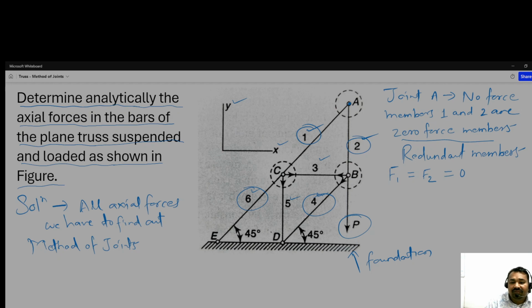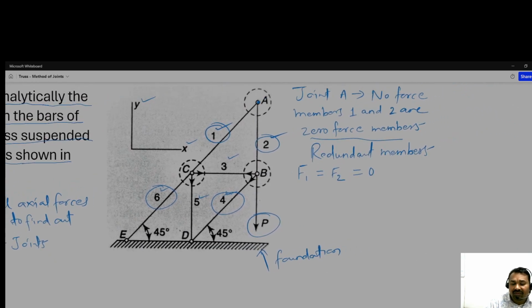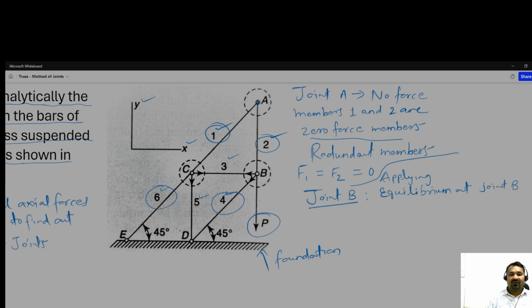Now where should we have a focus then? Now the joint B. Applying equilibrium at joint B. See, member 4 is inclined by 45 degrees and P is vertical here. So let us apply the equilibrium conditions here.